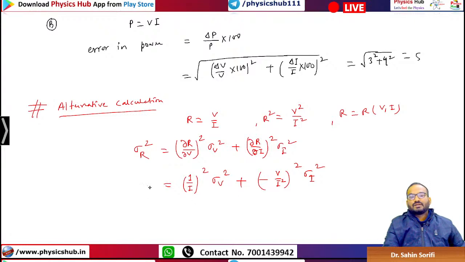Now, we are just dividing by R square. Dividing by R square means multiplying by I square by V square. So sigma R square by R square equals, multiplying by I square by V square, (sigma V by V) whole square plus (sigma I by I) whole square.